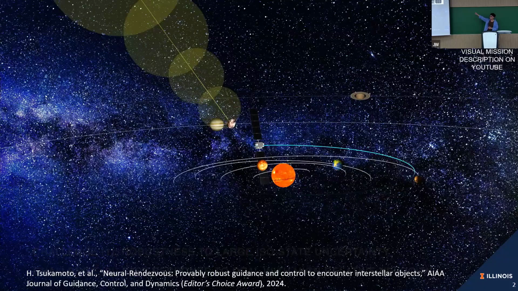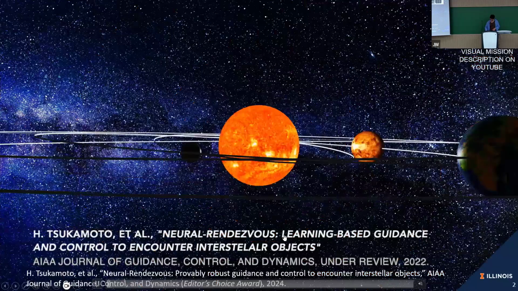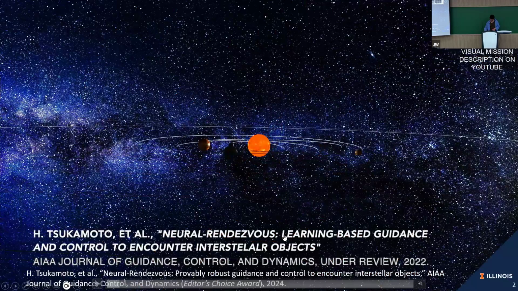These yellow balls represent the big uncertainty. How do we decide optimal thruster values under this significant uncertainty? That's a challenge. And this is just me showing some empirical results.